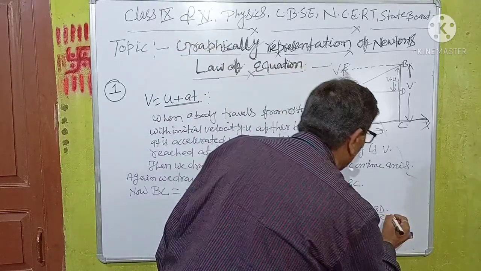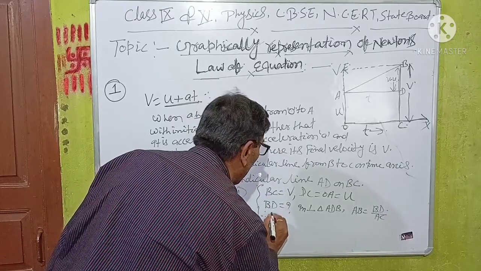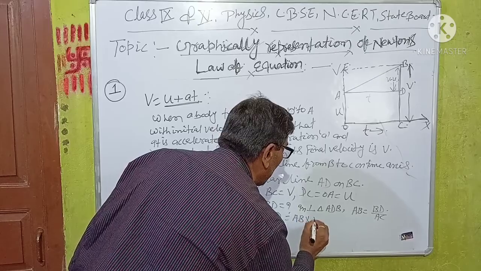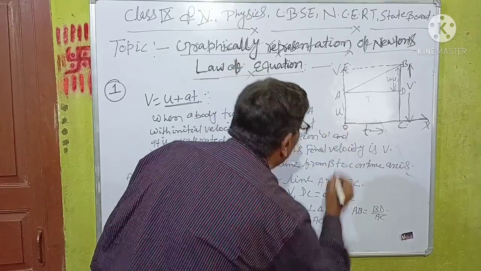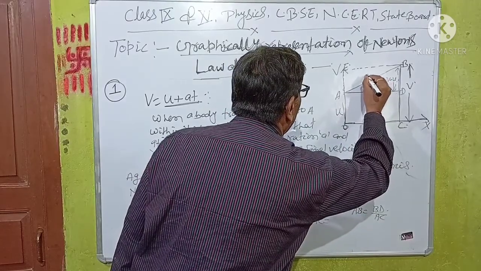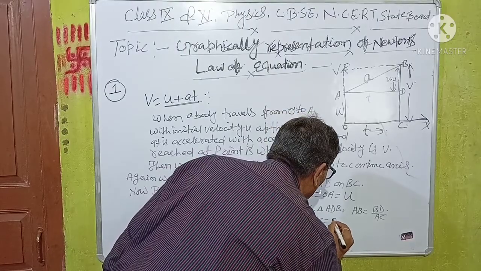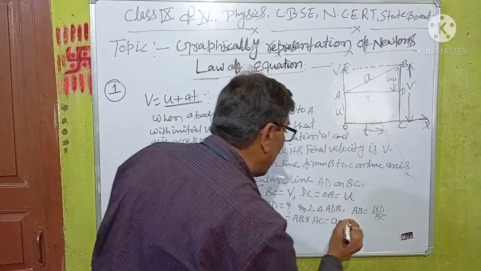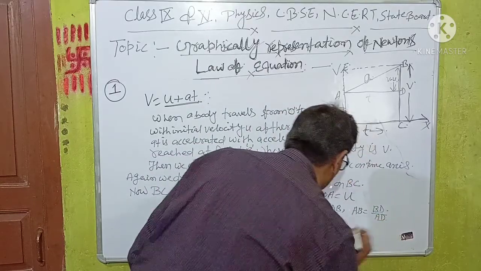So therefore BD is equal to AB into AD, where AB represents A. AB is equal to BD by AD.